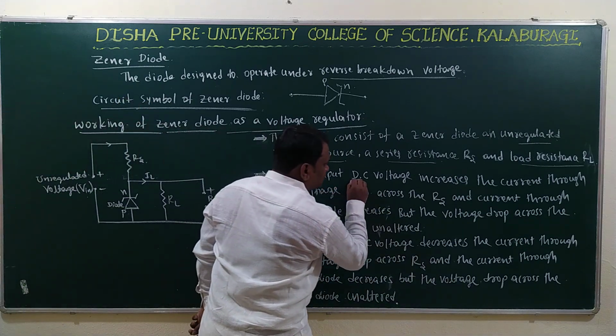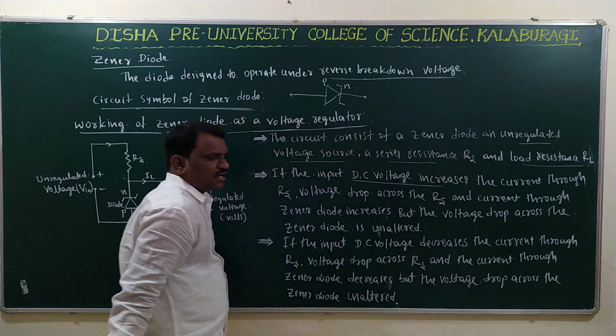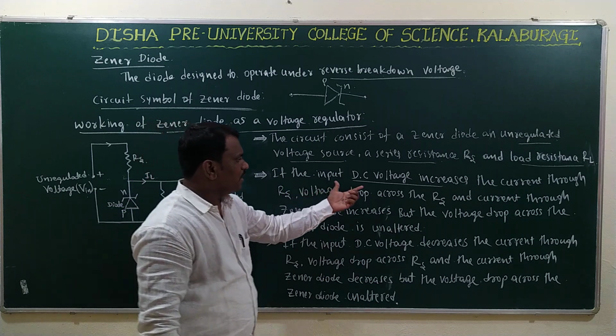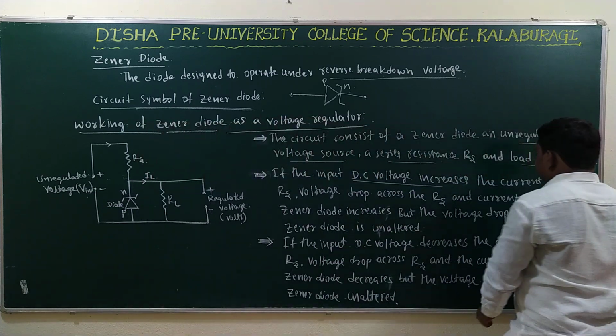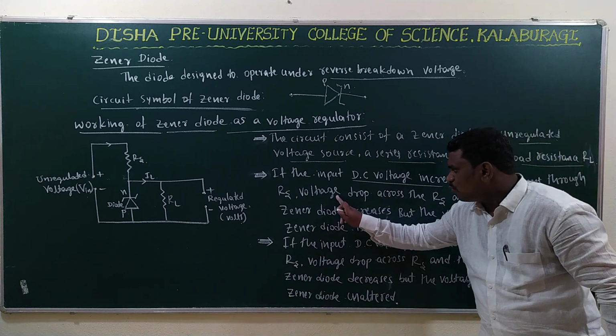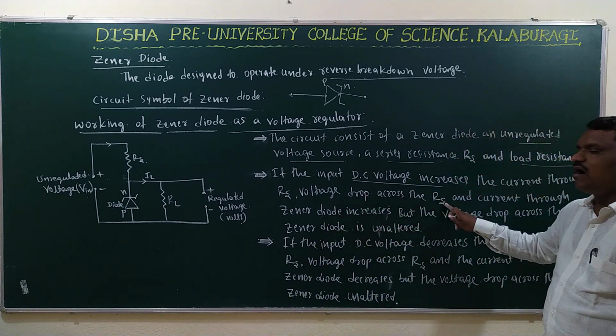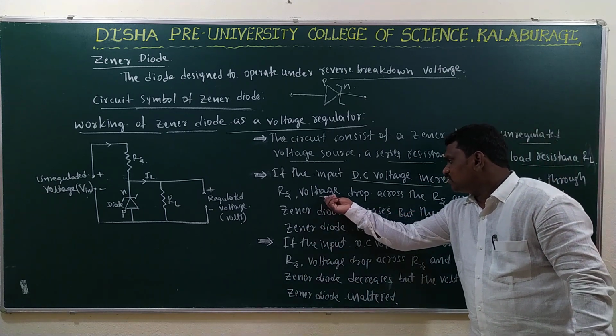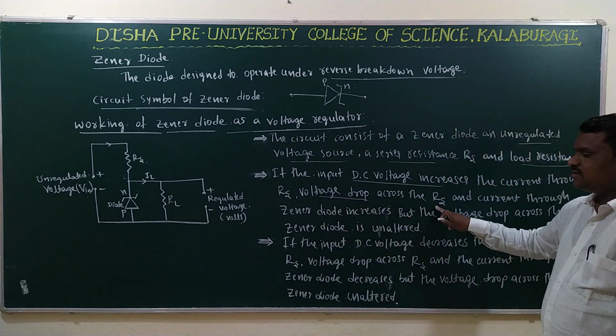First, if the input DC voltage increases, the current through Rs increases, and so does the voltage drop across Rs.